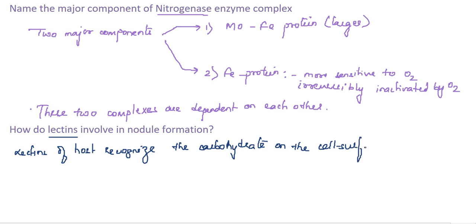They recognize the carbohydrate present on the cell surface of the bacteria to determine the rhizobia host specificity. Clear?